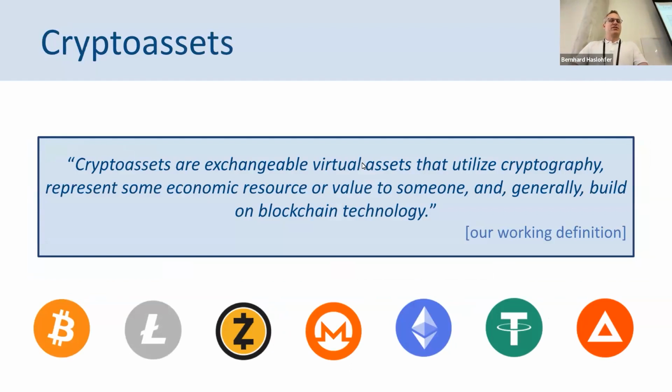So we came up with a very simple and straightforward definition: crypto assets are exchangeable virtual assets that utilize cryptography to some extent and represent some economic value to someone. At the moment, most of them still run on blockchain technologies, but if you think about CBDCs, it could as well be something else.